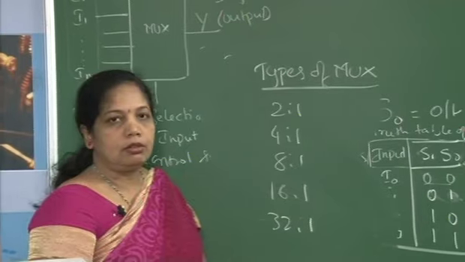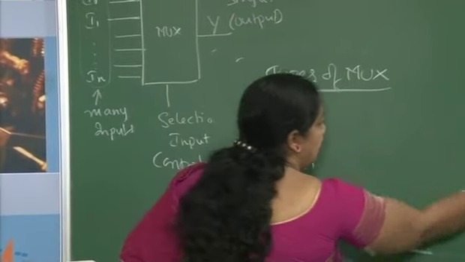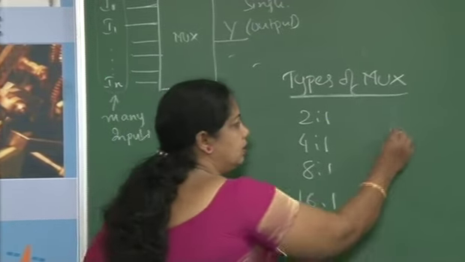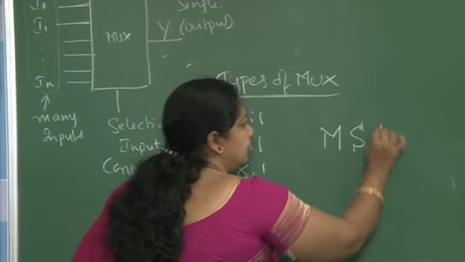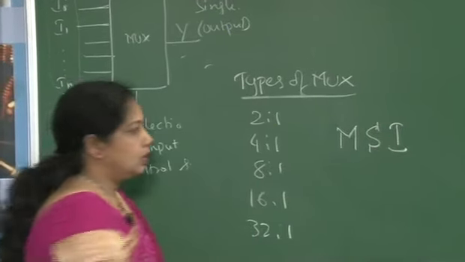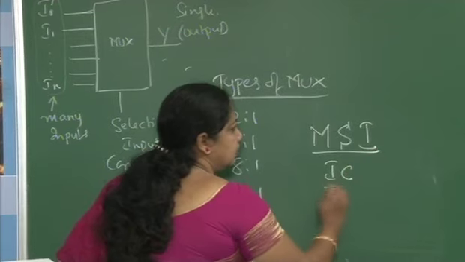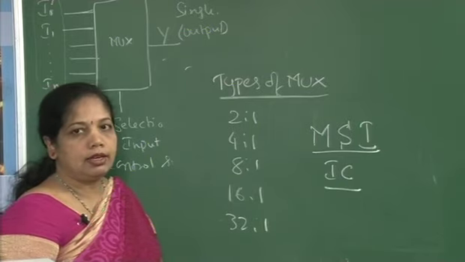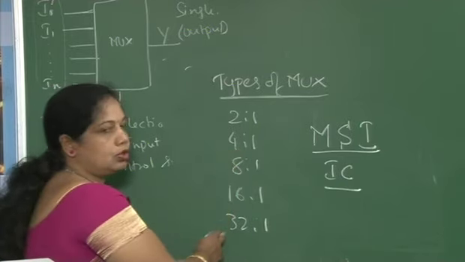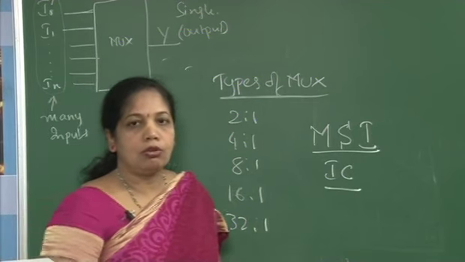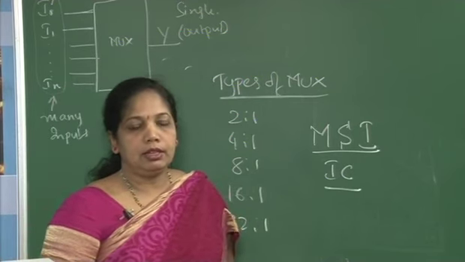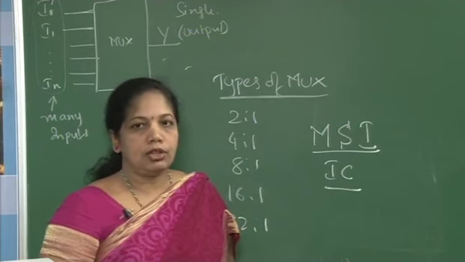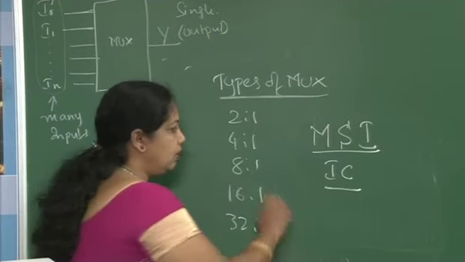There are many multiplexers available in the market in the form of IC. We call it a medium scale integrated chip, MSI. So, no need of connecting all those gates. Everything is available inside the IC; you only need to give the inputs and selection inputs and take the outputs.